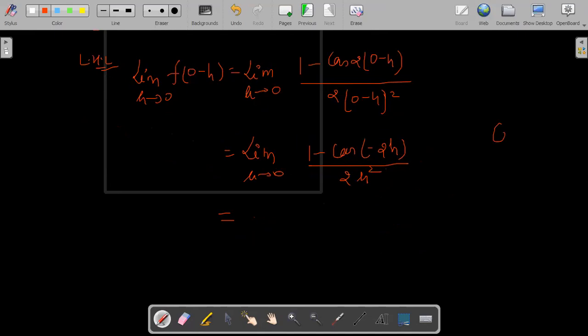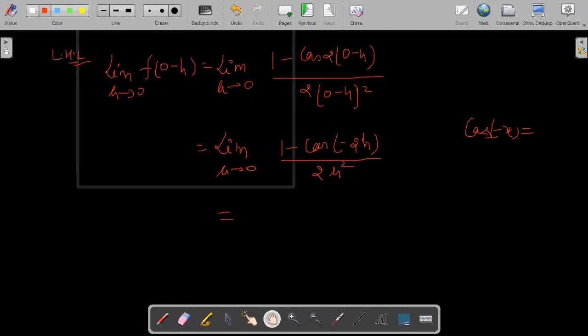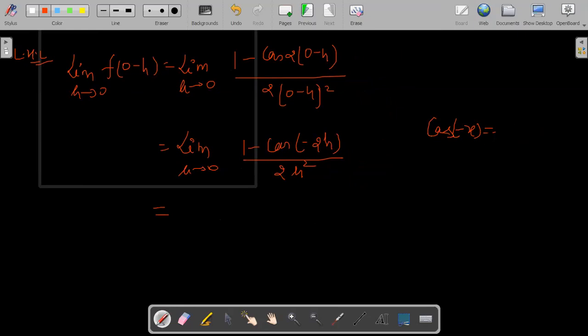Cos of minus x gives plus cos x. So cos of minus 2h gives cos 2h, so we have 1 minus cos 2h divided by 2h square.